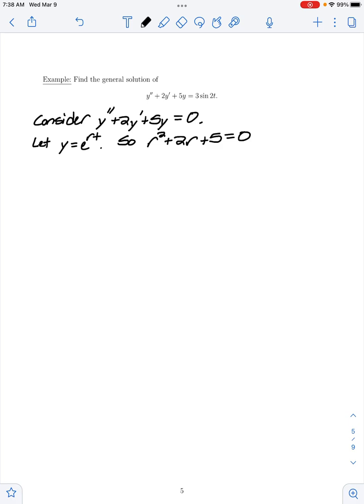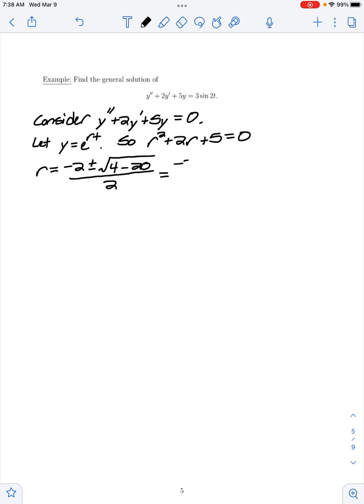And this one doesn't factor nicely, so we could solve for r using the quadratic equation, where r would be given by -2 plus or minus the square root of 2 squared minus 4 times 1 times 5, all over 2 times 1.